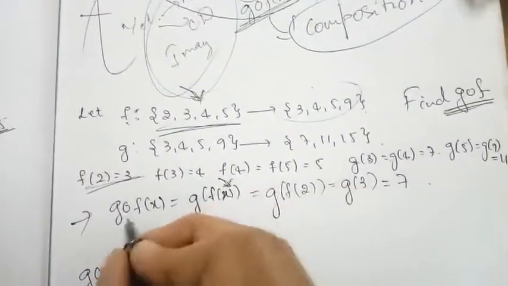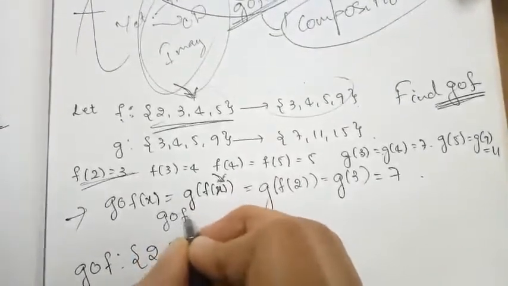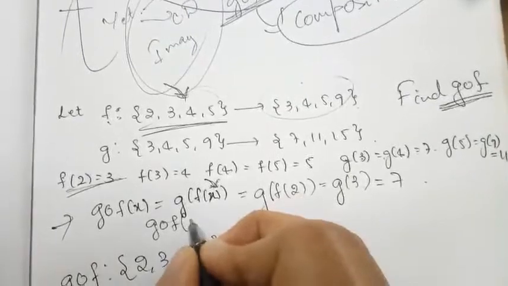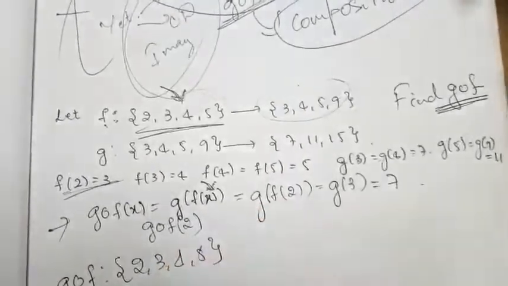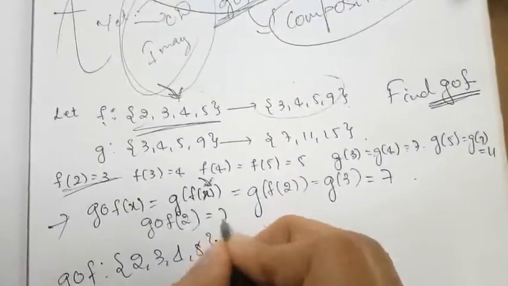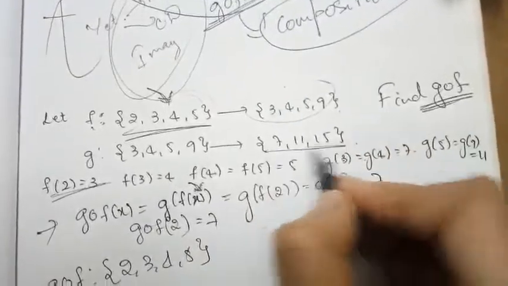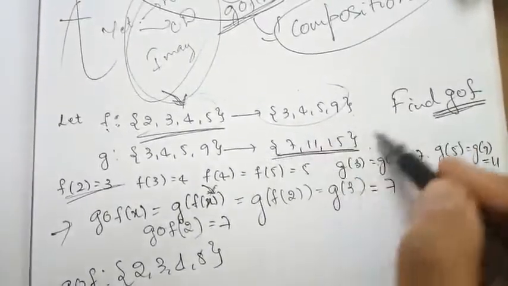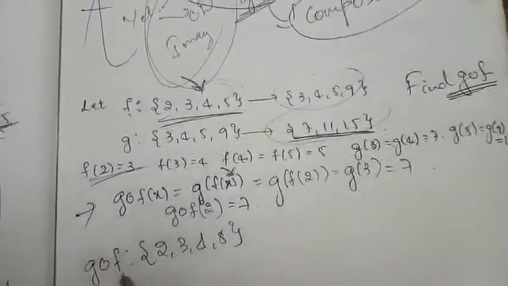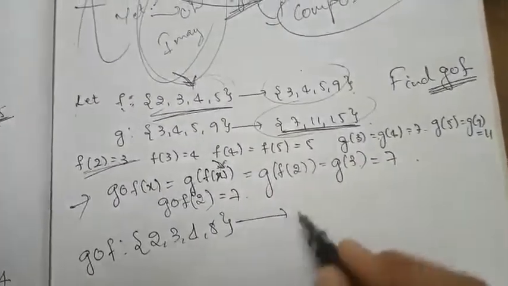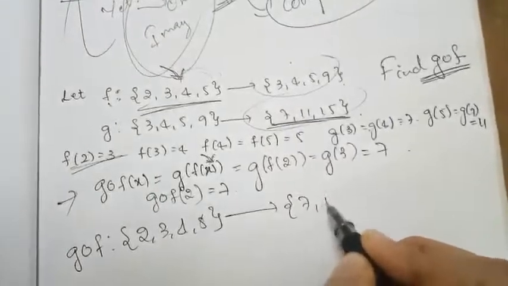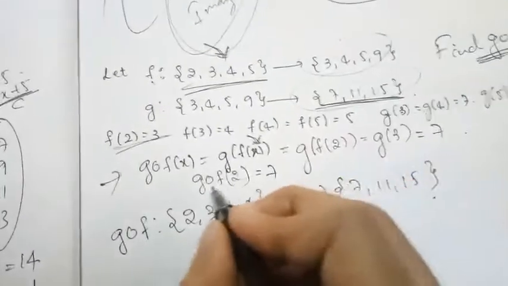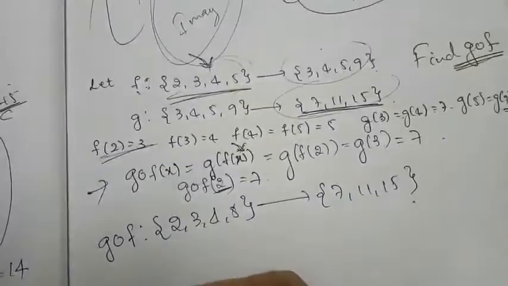So when I input the value for the function g of f of x, we got the value 7, which is nothing but the set which we are going to get here, that is the codomain of the function g. So clearly now the codomain of this function becomes 7, 11 and 15.